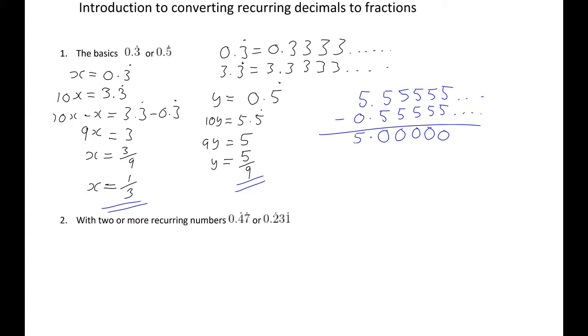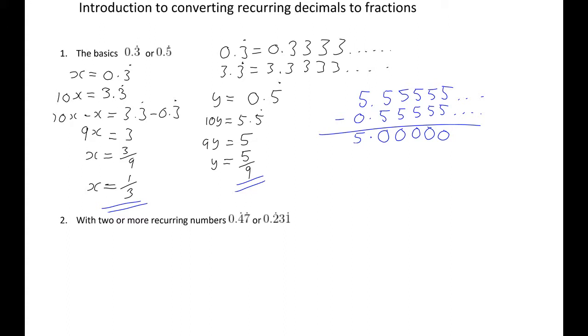And you see that these zeros are going to carry on forever. So you could think of it as 5.0 recurring, but that's just what 5 is. So, this side we get 9y, this side we get 5, we divide by the 9, and we get our fraction. 5 and 9 can't be simplified, therefore we have done as much as we can.